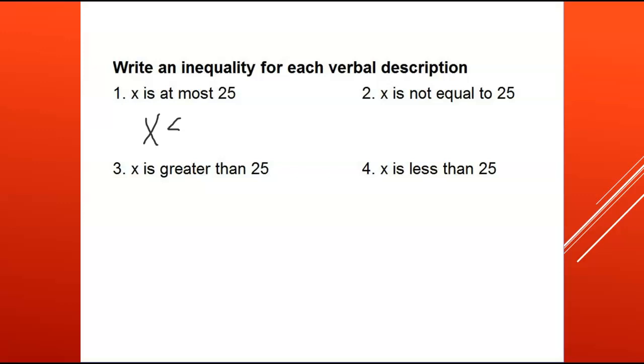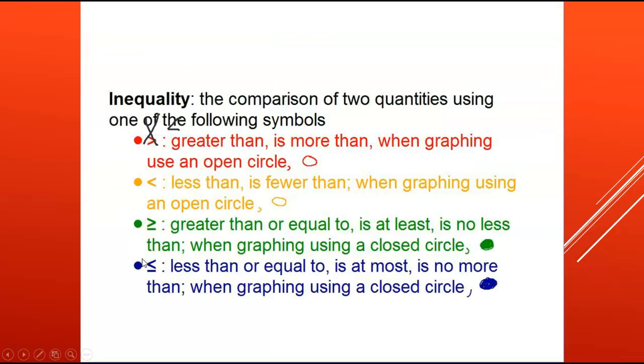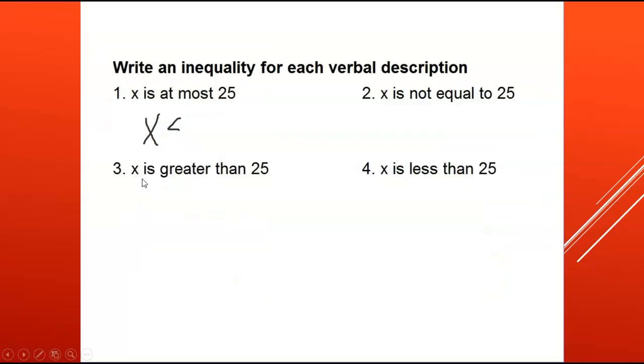If it's at most, we know it's going to be a less than, and it's also going to be equal to, because at most means it can get there, but it can't go beyond it. So X is at most 25 means X is less than or equal to 25.